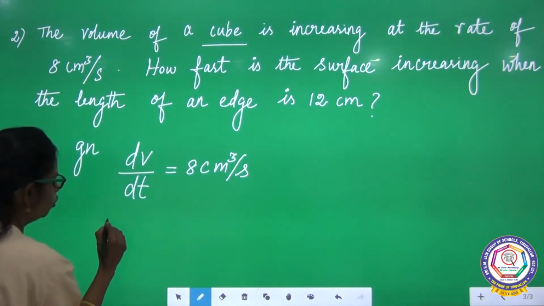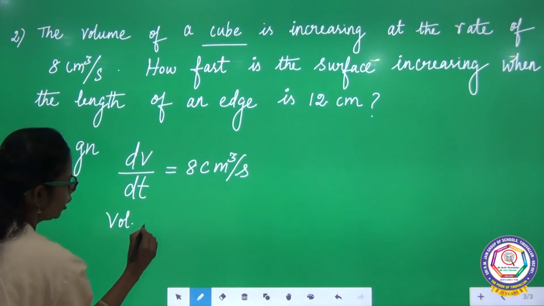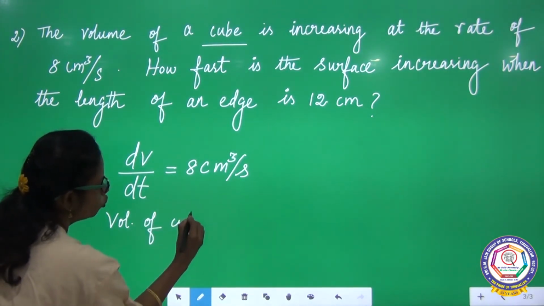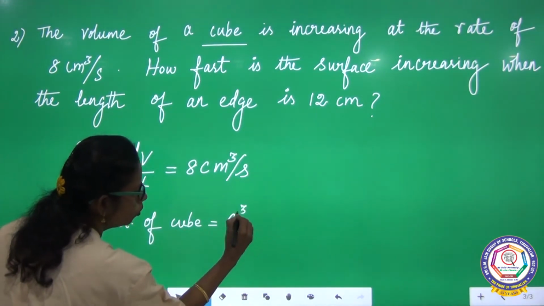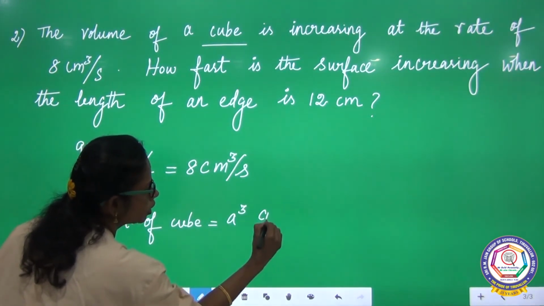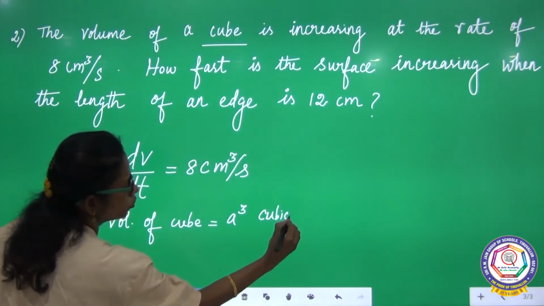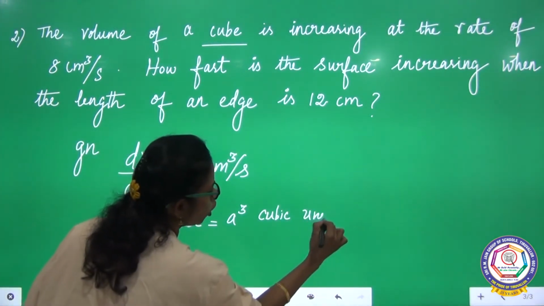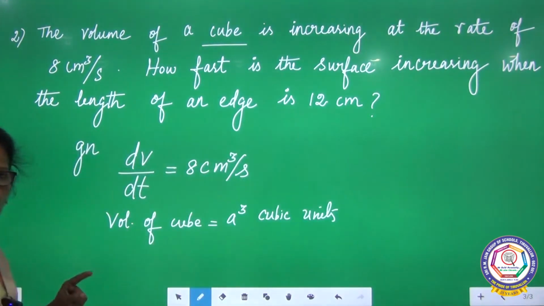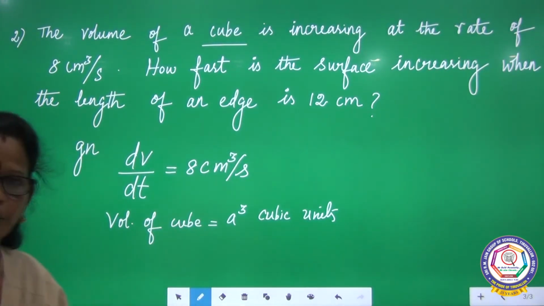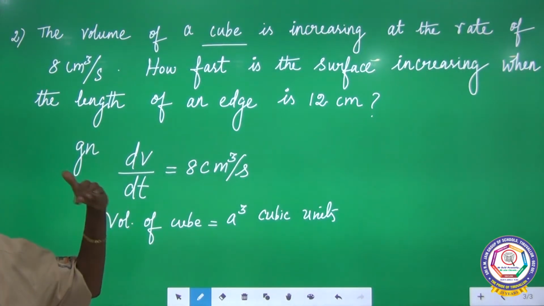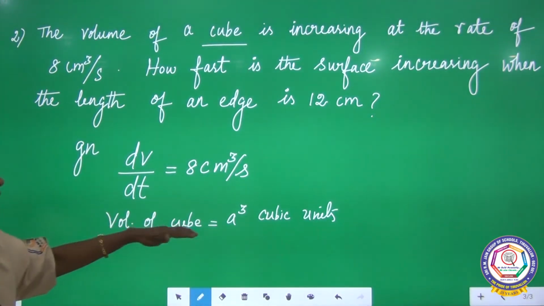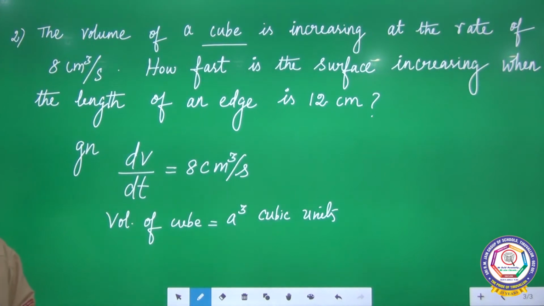Volume of a cube equal to a cube cubic units. See what all you learned. From the known only we are going to the unknown, right? Volume of a cube you learned from 6, 7, 8 onwards, right? a cube cubic units.